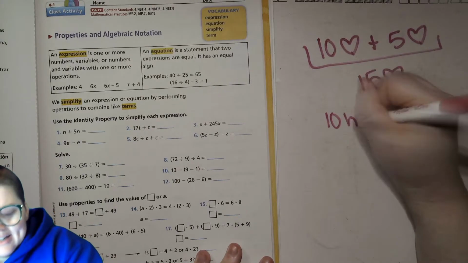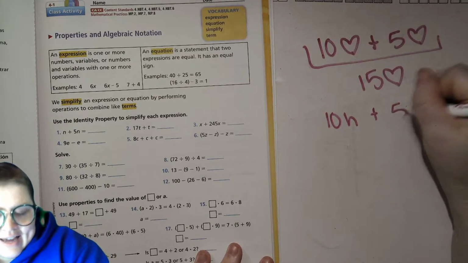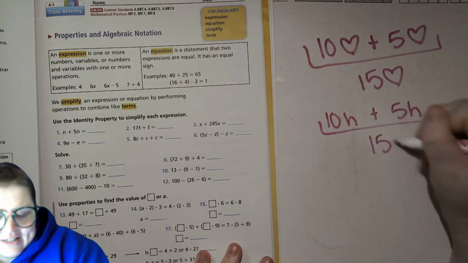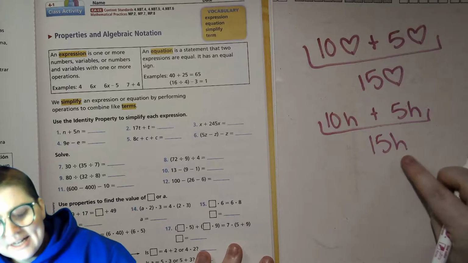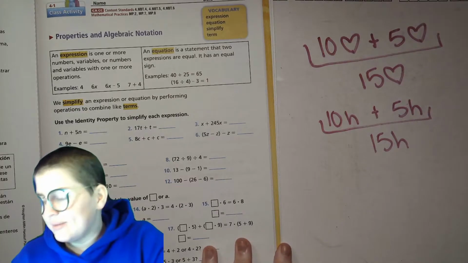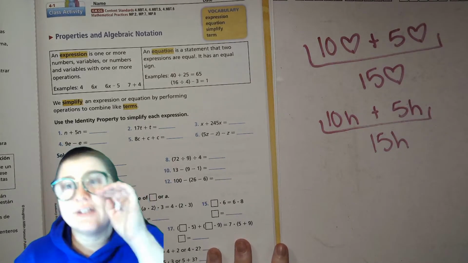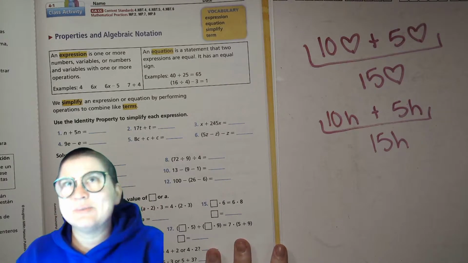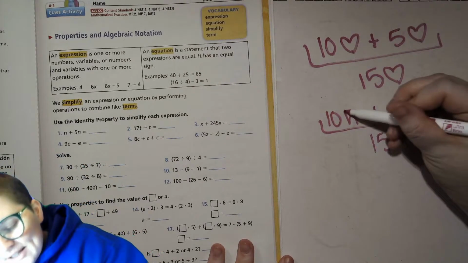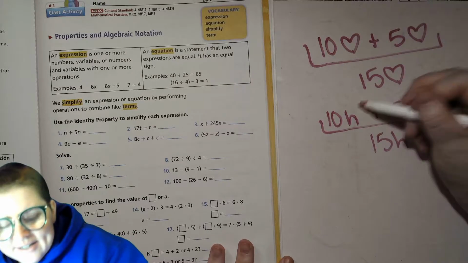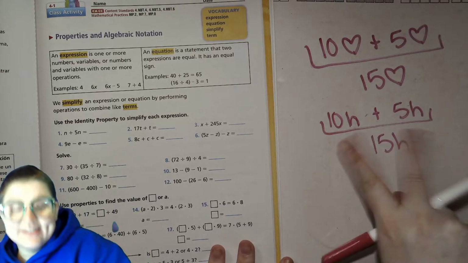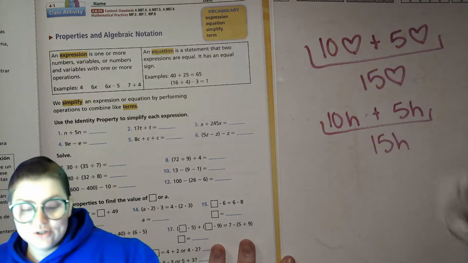You have 10H and you add 5H. What do you have there? You have 15H. A lot of the time these letters are standing in place of a word, so just keep that in mind. Sometimes it's for a value. Sometimes it's a word that goes with the value, but you don't need to worry about that. Just know that if you only have a single H and it's not like H squared or anything, or some other letter, you can add these two together because they are like terms.